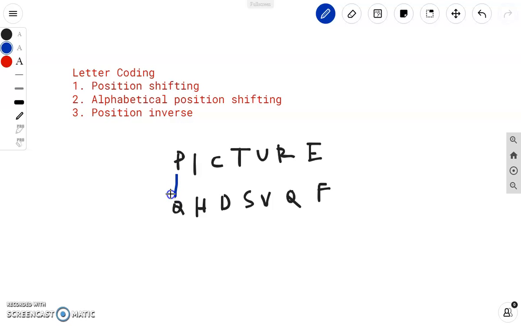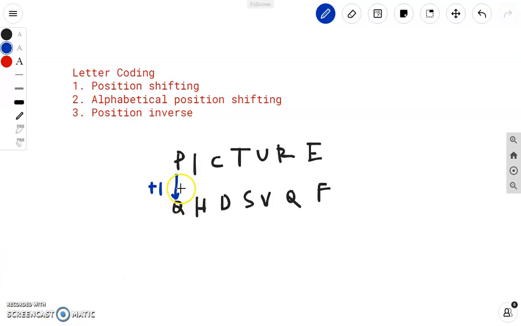Because if you see, Q is just after P, so the position has shifted in an alphabetical manner, by one unit.